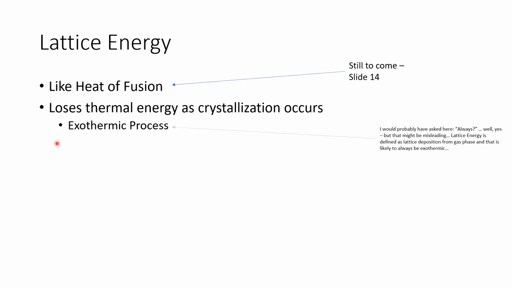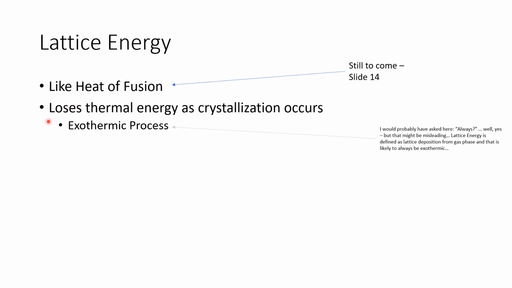Another term is lattice energy, and this is kind of like heat of fusion. I saw this in the slides and thought I'd better look to see where that is, and it's coming in a few slides, so we're going to talk about heat of fusion also. This has nothing to do with nuclear fusion. We're talking about a chemical process.